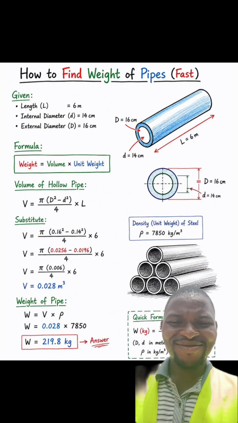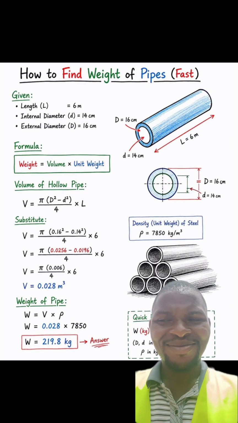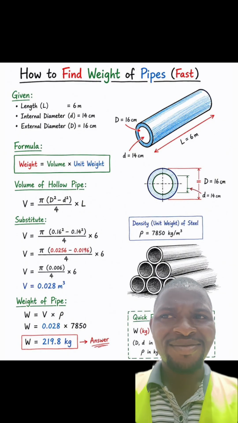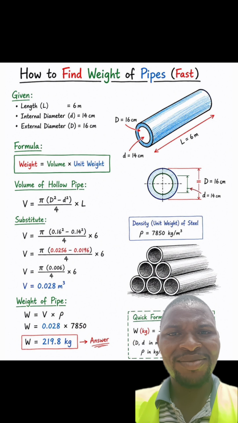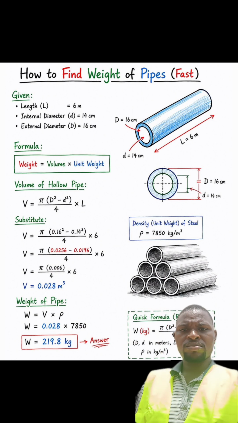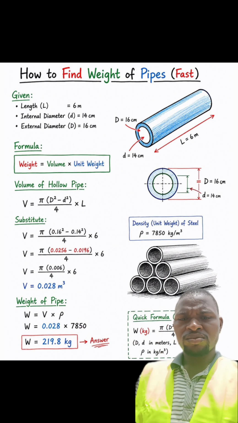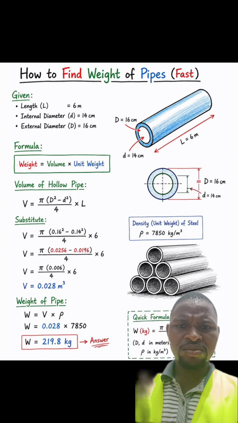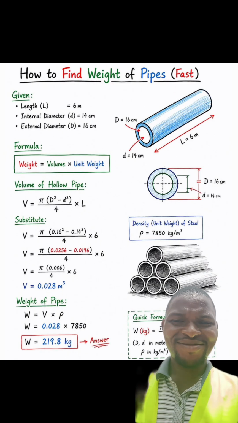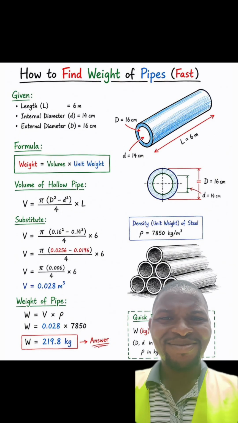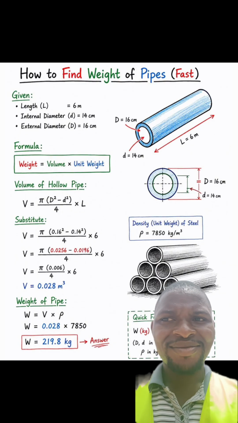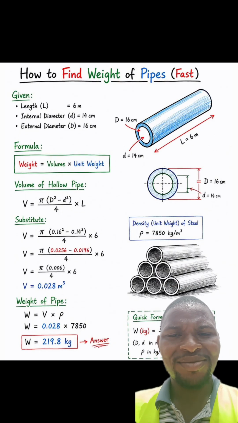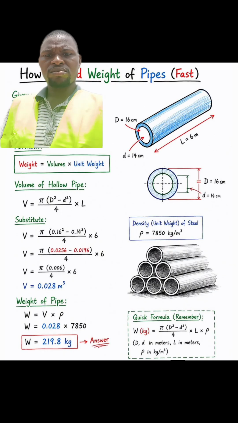If you multiply it with your volume, you're going to have W equals 0.028 multiplied by 7850, which is going to give you the weight of the pipe, which equals 219.8 kilogram.